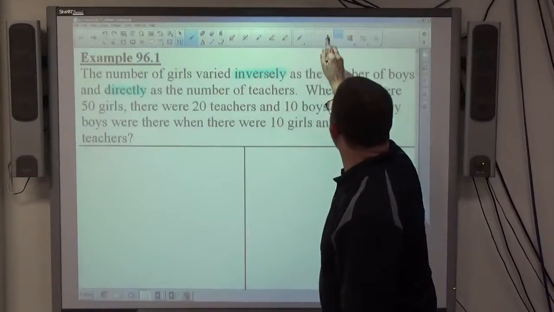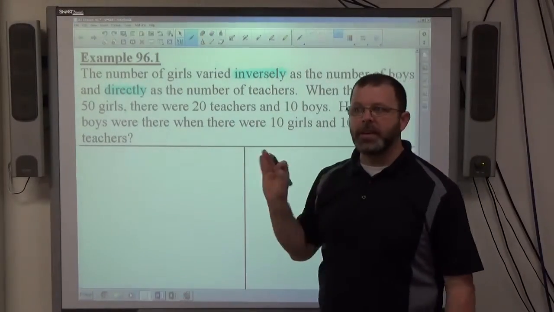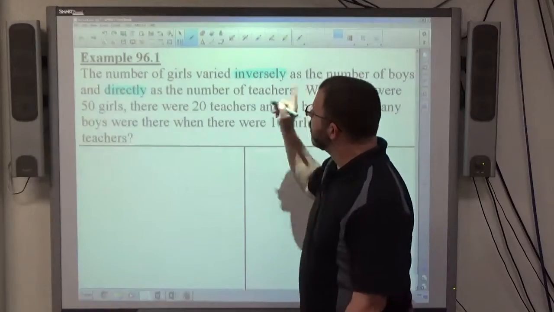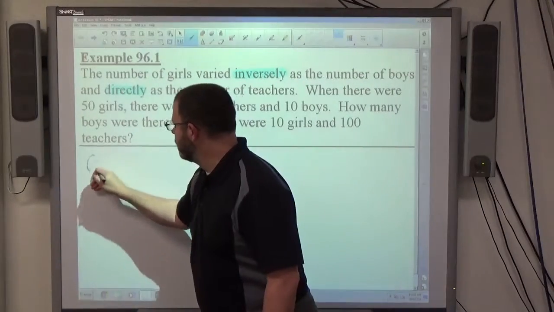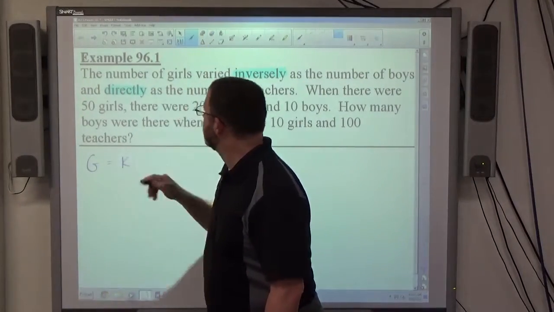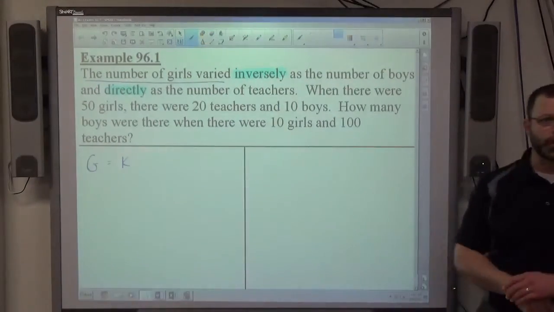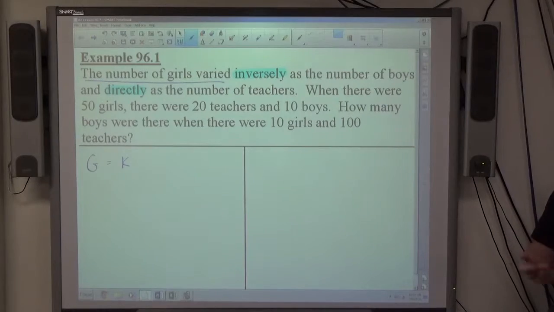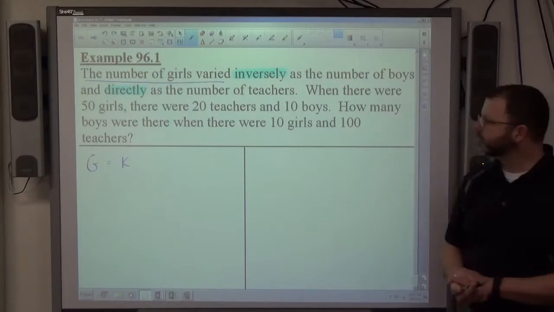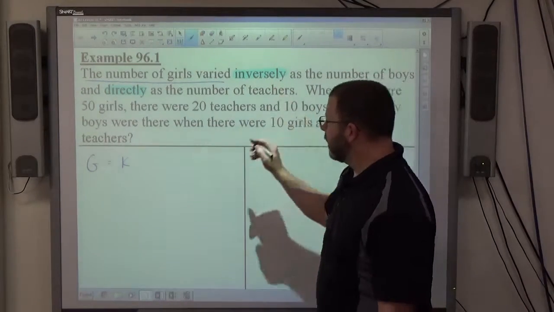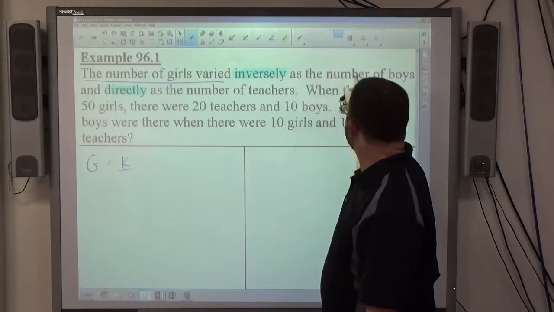Let's go with the K technique first. The number of girls varied. As soon as I see these words, it immediately becomes G equals K, G for girls, K for constant variation. Inversely is division, as the number of boys.